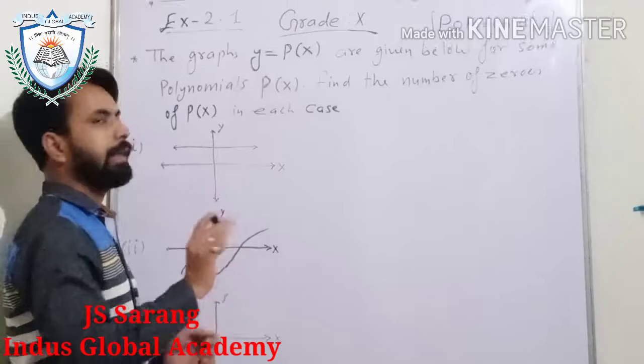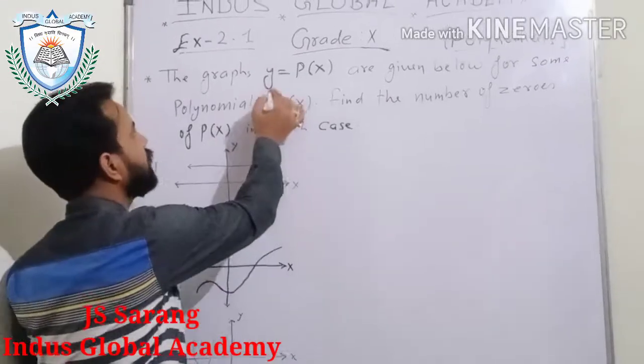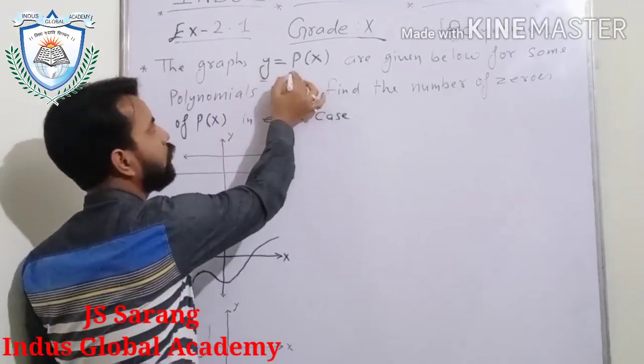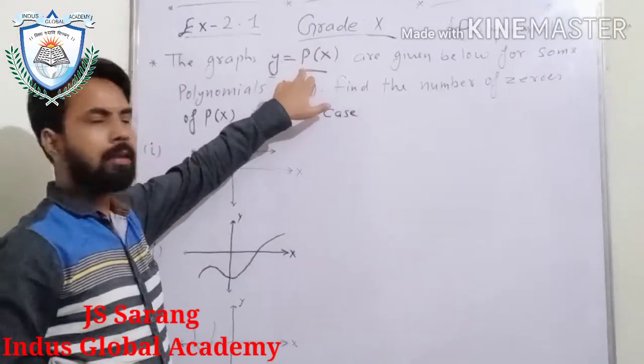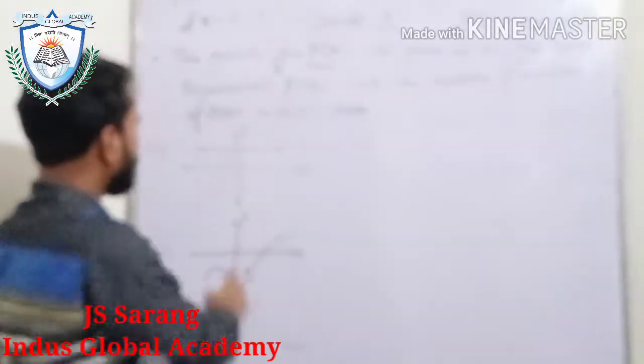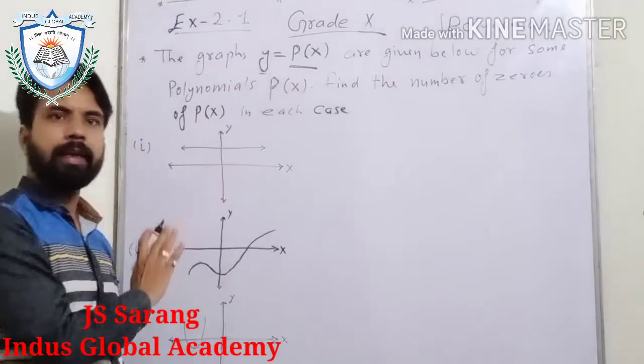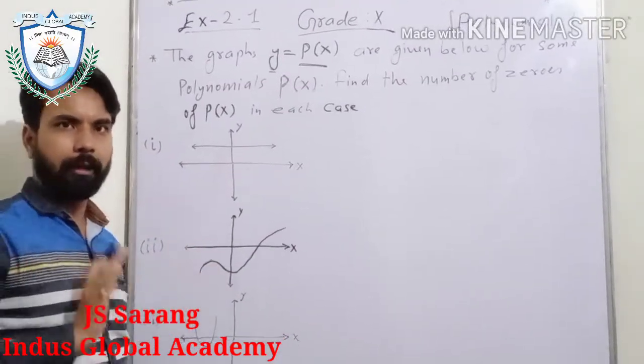So listen very carefully. Here the graph is y = p(x). Some graphs are given, and we have to identify how many zeros will be there.